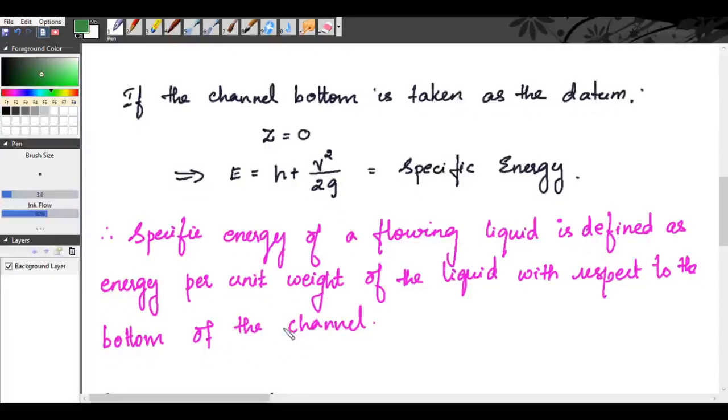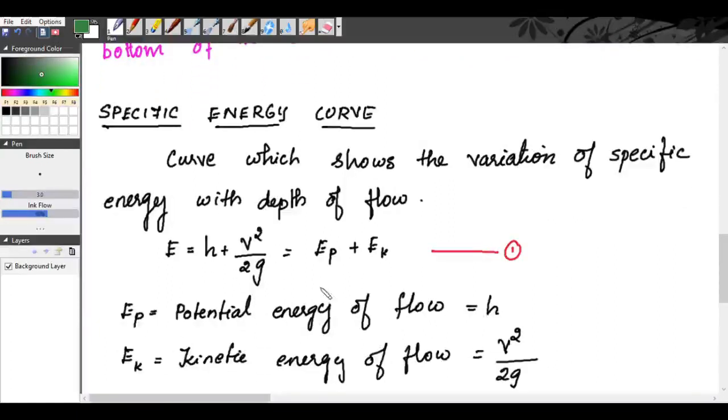Now, we will move on to the specific energy curve. So you understood what specific energy is: it is nothing but the potential energy plus kinetic energy. Now we will try to draw the specific energy curve, a curve which shows the variation of specific energy with respect to depth of flow. The y-axis will be the depth of flow and the x-axis will be the specific energy.